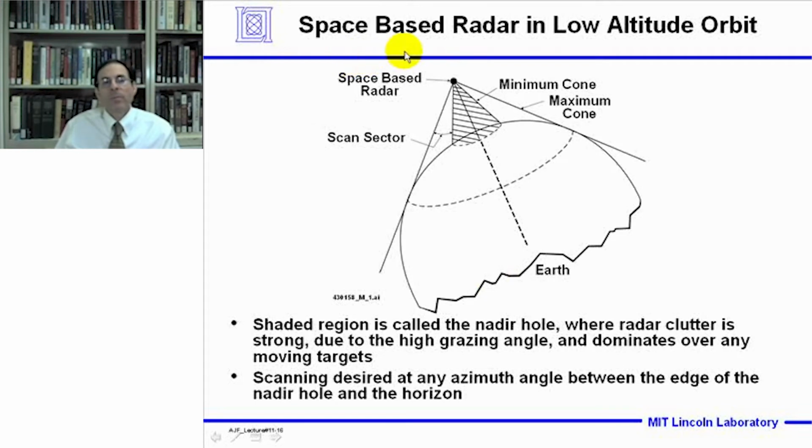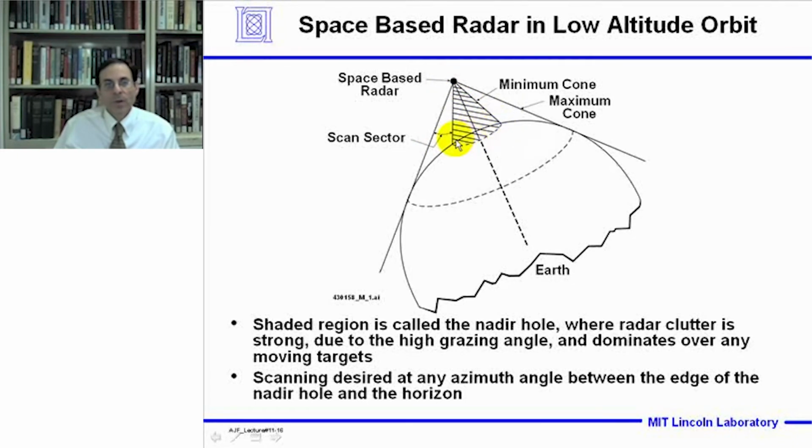And so the prototype DPCA phased array antenna that we'll be describing in this lecture has potential application for a space-based radar in low altitude orbit. So here we're showing the Earth, and so here's the space-based radar antenna. It wants to scan a beam out to the horizon. It would not scan a beam directly below the satellite because the high grazing angle would create significant clutter and it would be difficult to see a radar target.